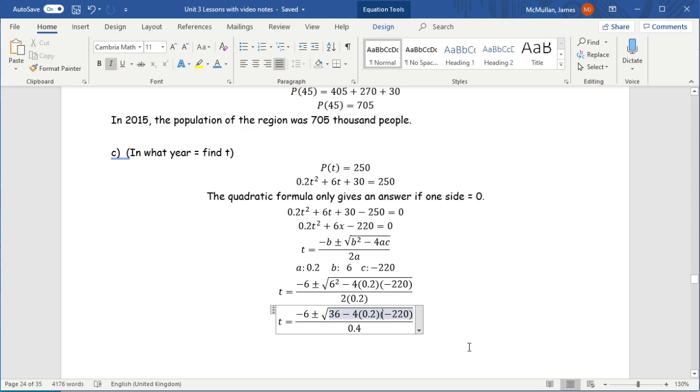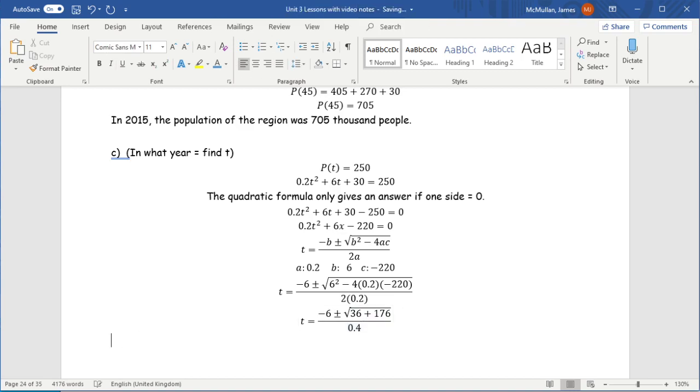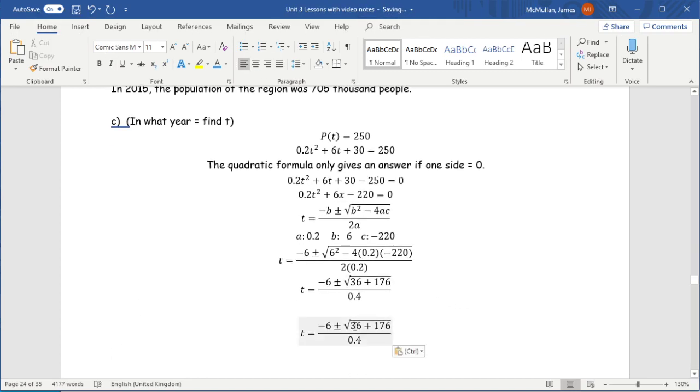So you get 1/5 of 220 is 44. So this becomes negative 44. And then 4 times negative 44 is 160 plus 16, which is 176. And it should be positive because they're both negative. So plus 176. Okay? So then what we're going to do here is we're going to go 36 plus, what is that?